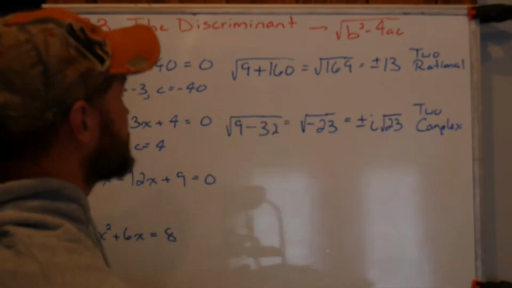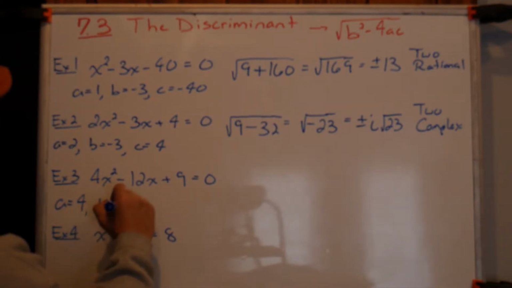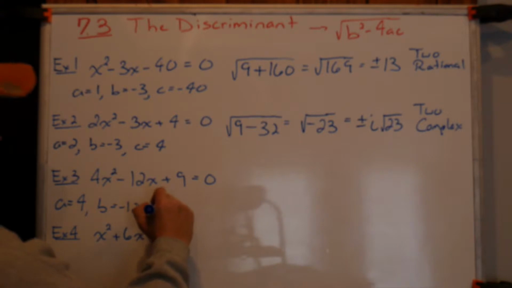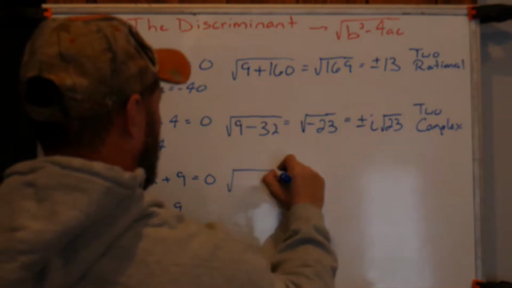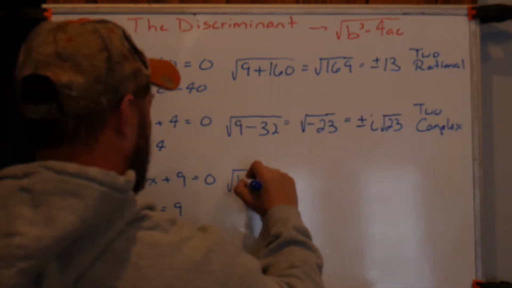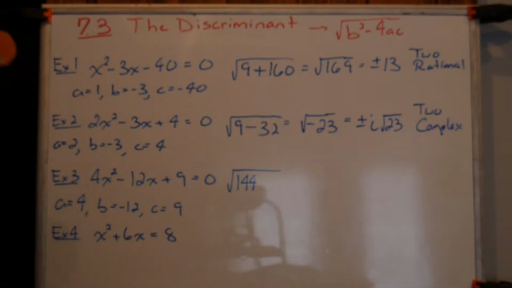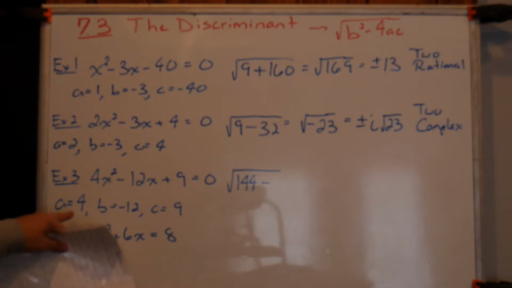So, and we don't have to finish some of these, you just have to get to a point to know what's going to happen. Here we have A equals 4, B equals -12, and C equals 9. So we have our square root. We have B squared, which is 144, minus 4AC.